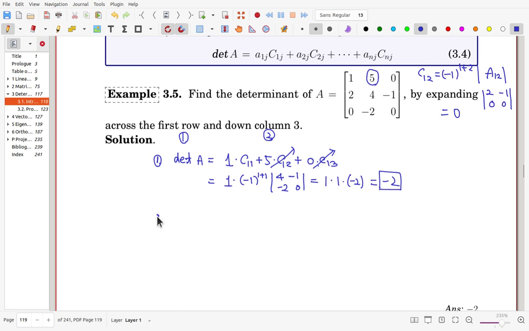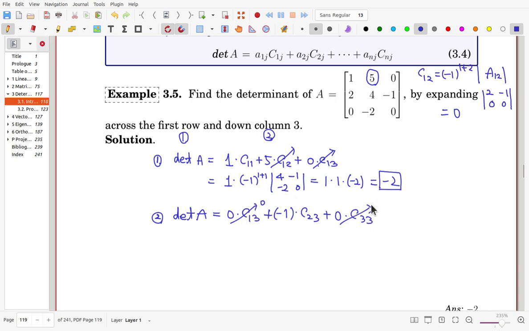How about the second part? If we use down column 3 for the determinant of A, then 0 times C13, plus minus 1 times C23, plus 0 times C33. Because this is 0, we don't have to worry about it.